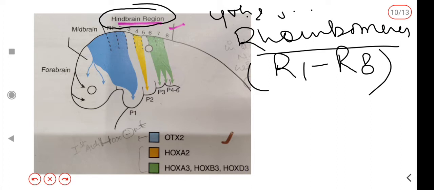Neural crest cells from a specific rhombomere migrate to a specific arch, and this is very important.